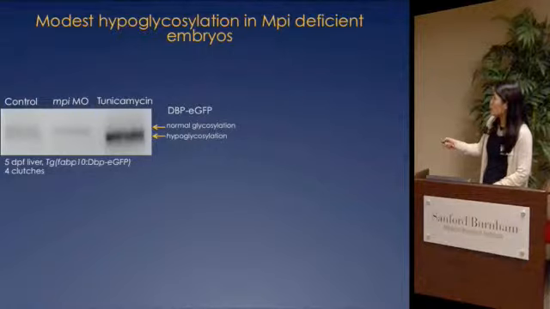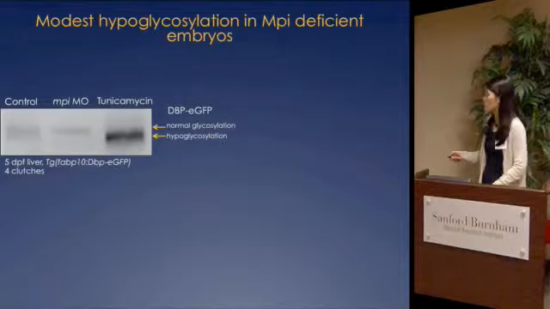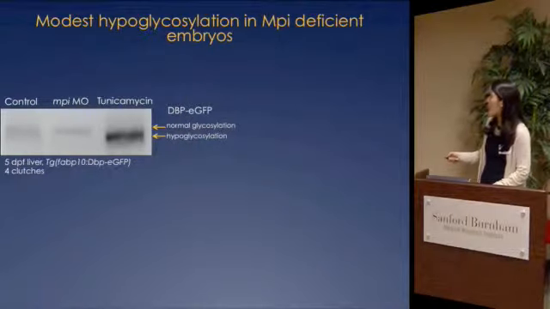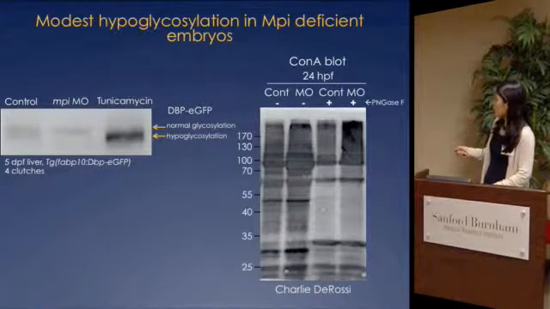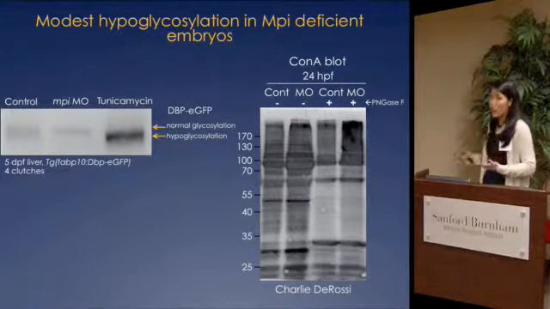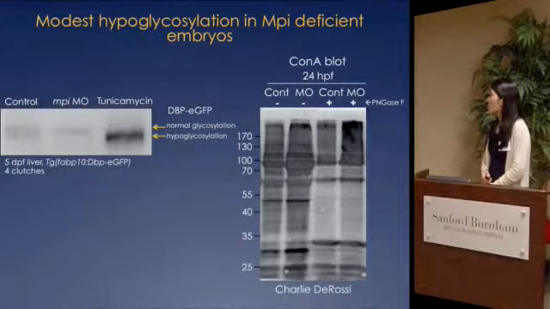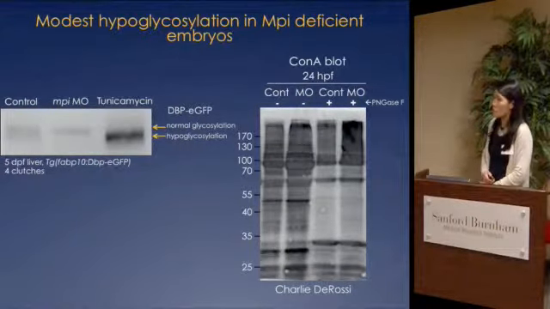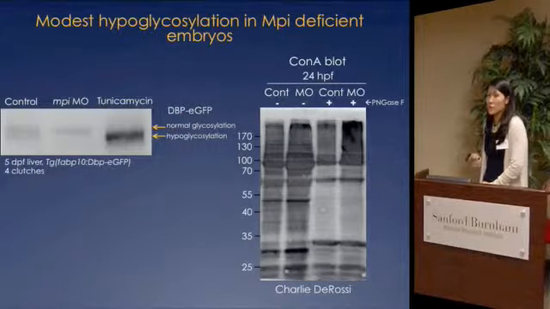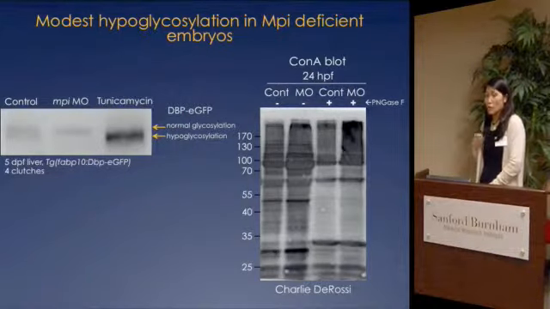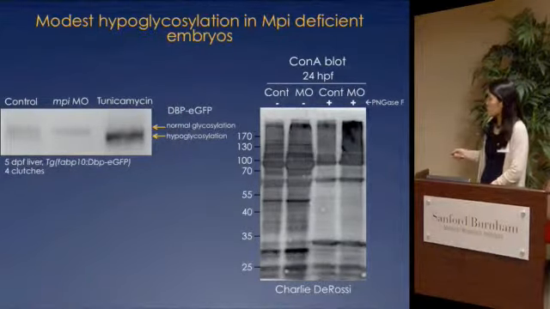But you see that there's hypoglycosylation here, but really in our morphants, we haven't seen any signs of hypoglycosylation. Some preliminary work by Charlie Gerasi showed that with kinase staining, we also don't see any global major decrease in glycosylation in our morphants, suggesting that maybe this is not critical or really driving the phenotype of our fish.